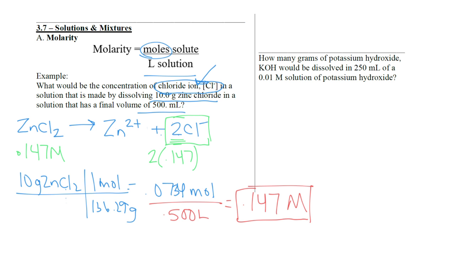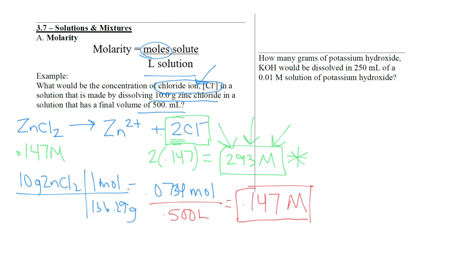So 2 times 0.147 gives me 0.293 as the concentration. So this is actually my final answer for the concentration of chloride ions in the solution. Concentration of zinc chloride is 0.147, but since there are 2 chlorides for every 1 zinc chloride, I'm going to go ahead and double that number.